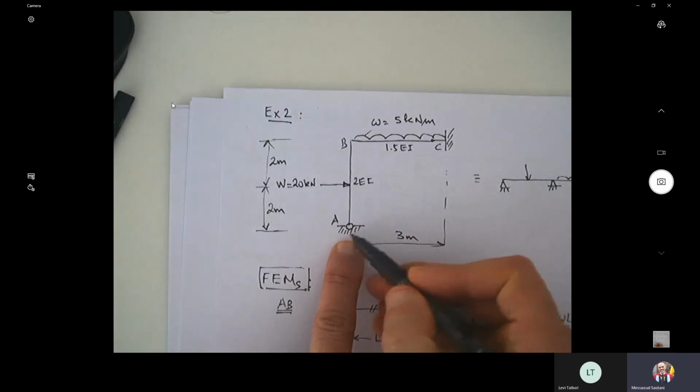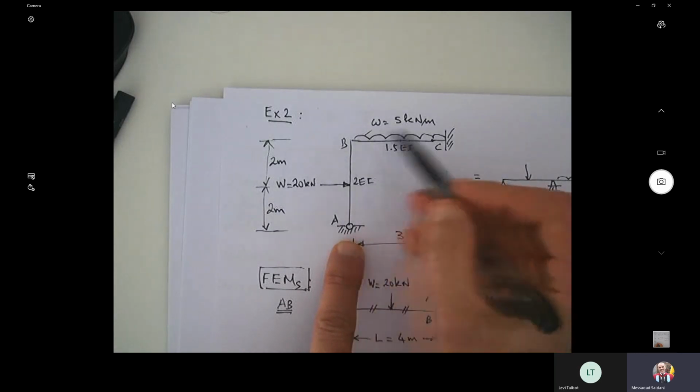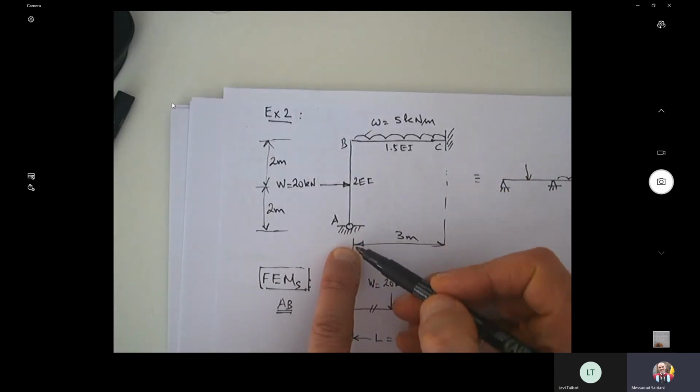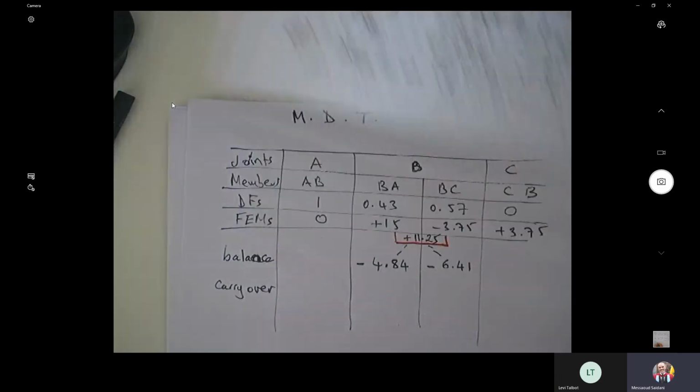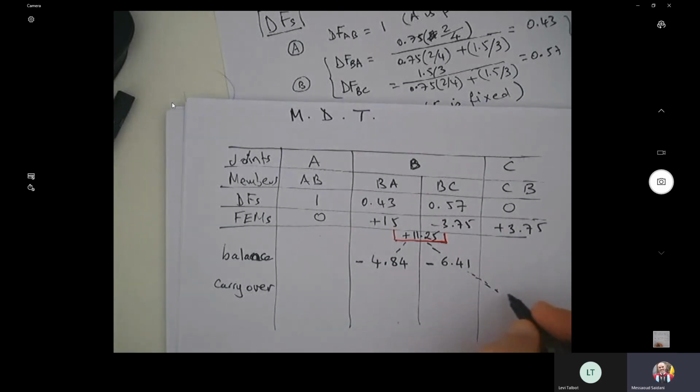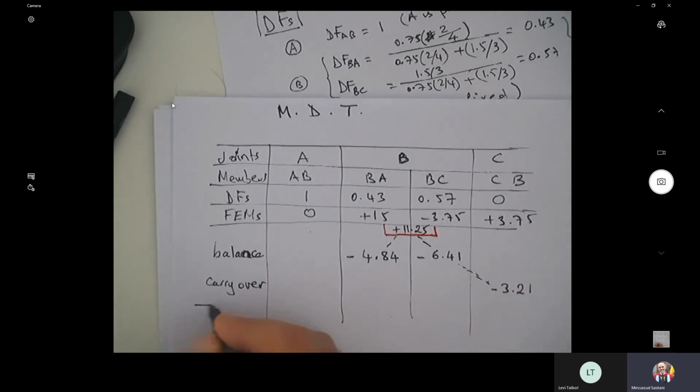It's only if it's fixed. So we carry over from B to C, but we do not carry over from B to A. So there is no carryover this way, but there is a carryover from this side. So what is 6.41 divided by 2, please? 3.21. Yeah, thank you very much.